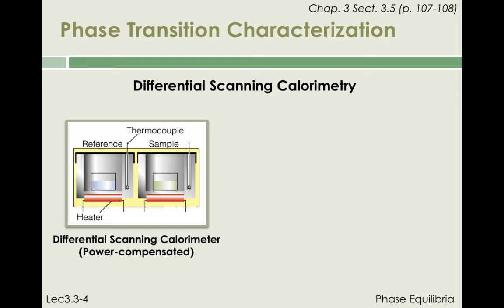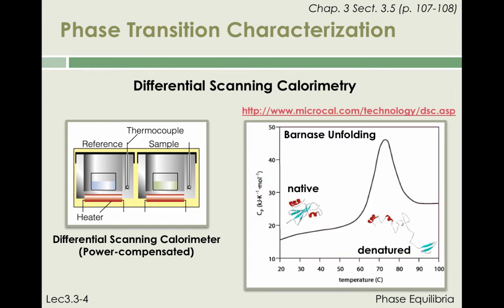In the absence of phase change, the difference in power allows us to measure the constant pressure molar heat capacity of a sample. If we were studying what happens during the heating of a sample of a protein called Barnase, we would be able to measure the constant pressure molar heat capacity of the Barnase protein in the native state at low temperature, and we would find a value of 15 to 20 kJ per mole per Kelvin.